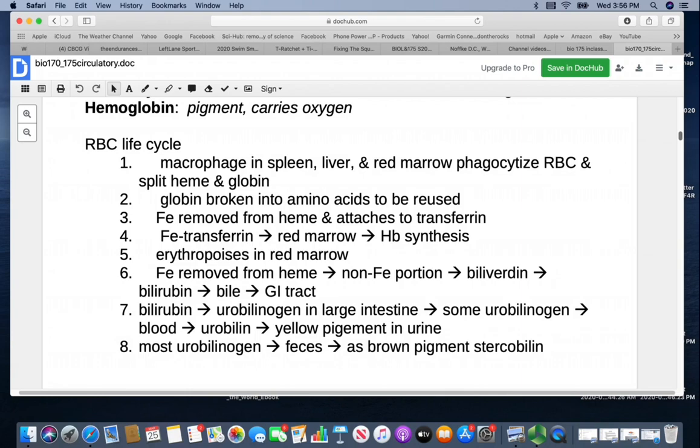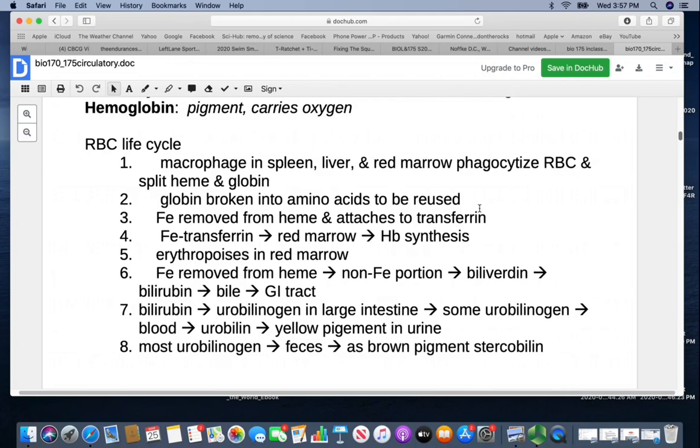The iron is going to be removed from the heme, and it will attach to transferrin. So ferrous means iron, so this literally means transfers iron. This will go to the red marrow, and it will be used for new hemoglobin synthesis.